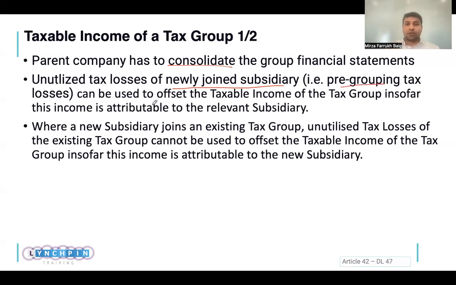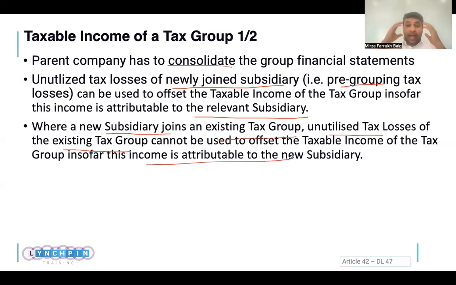In that case, the tax losses can be attributable to the income of that subsidiary in this group. And if a new subsidiary joins an existing group, the unutilized losses of the existing group will not be offset against the income of the new subsidiary.